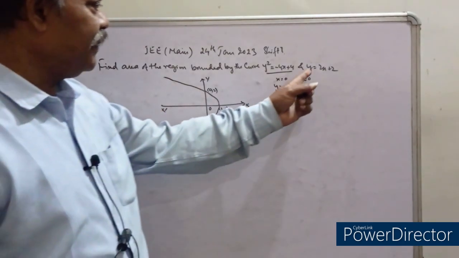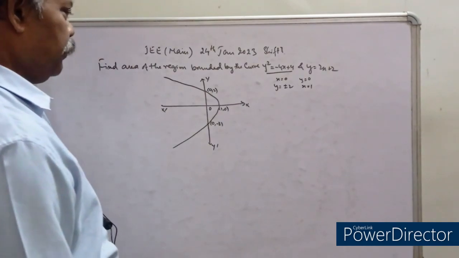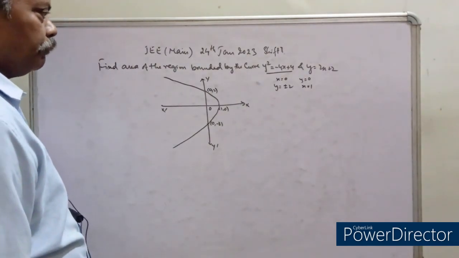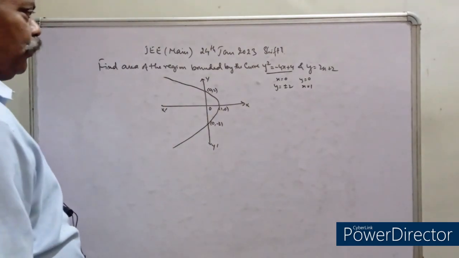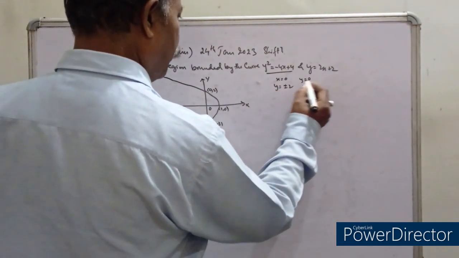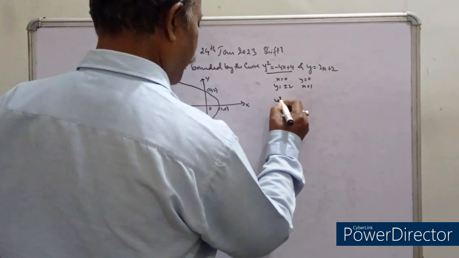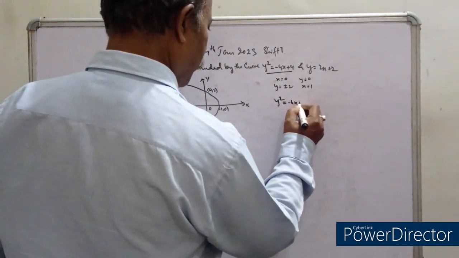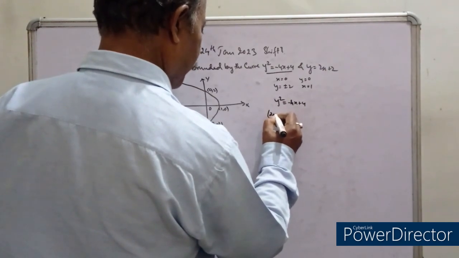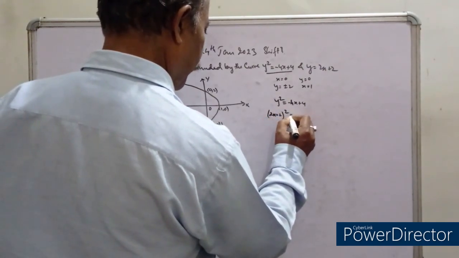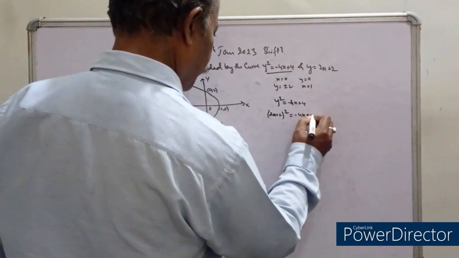Now we know that this is a linear equation in two variables. So let me do one thing. We find out the points of intersection, that is y square is equal to minus 4x plus 4. So we are going to put the value of y, 2x plus 2, the whole square is equal to minus 4x plus 4.